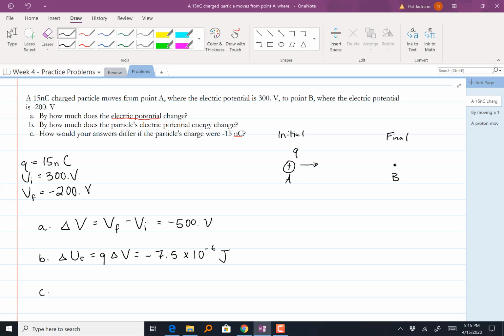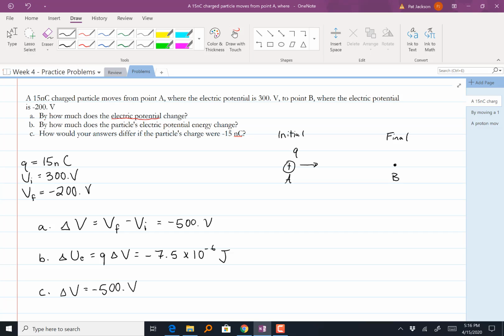And then last, it's asking how my answers would differ if the particle's charge were a negative 15 nanocoulombs. Now, we can just go through this with the equations, right? For part A, I'm saying that this is the change in voltage, voltage final minus voltage initial. Well, that doesn't involve the charge at all, so that's telling me that the change in voltage is still going to be negative 500 volts.